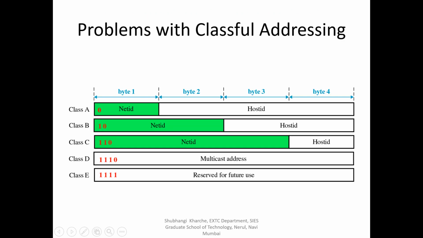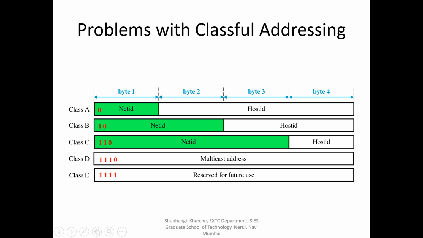Now, what are the problems with classful addressing? Even though an organization does not require the IP address range of class A, it requires very few IP addresses, let's say 512, and if a class A IP address is assigned to such an organization, then 2 raised to 24 minus 512, these many IP addresses will go waste.